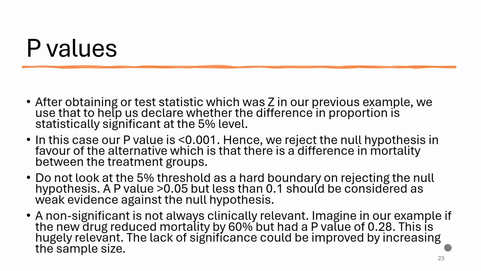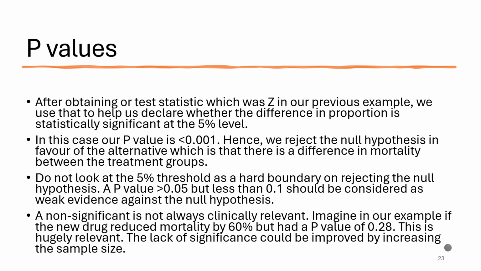So imagine, for example, if our new drug reduced mortality by 60%, but we have a p-value of 0.28, which is not significant at the 5% level. It's not even close to significant. And we just conclude, oh, there's no effect. We fail to reject the null hypothesis, so there's no effect. No. This shows some clinical relevance. You have a drug that's able to reduce mortality by 60%.